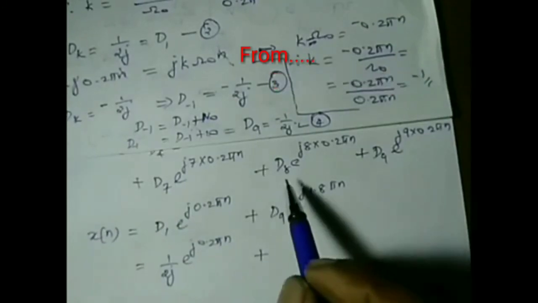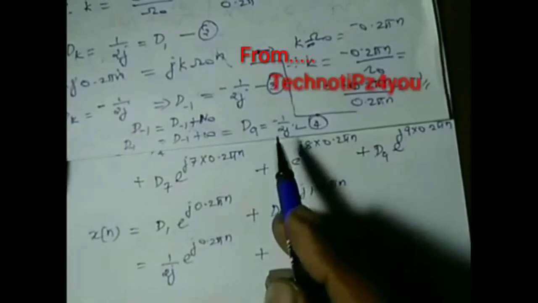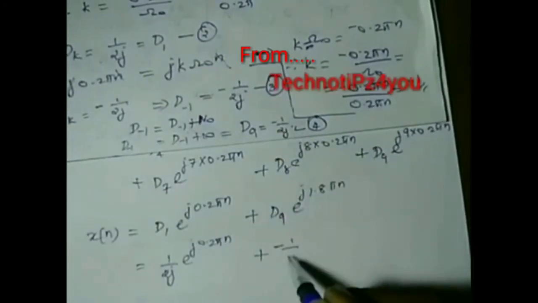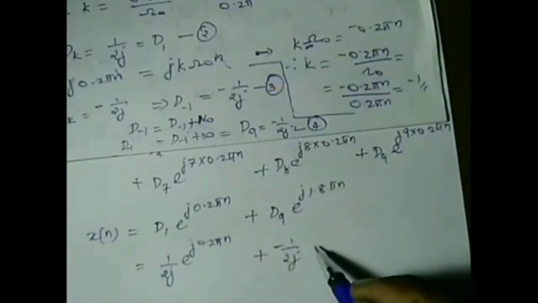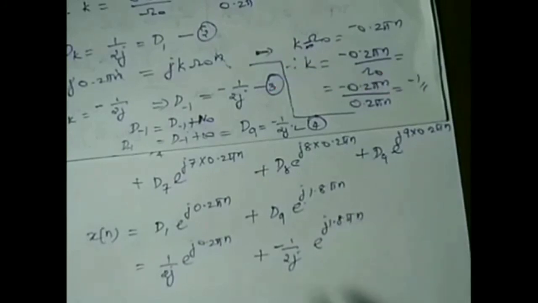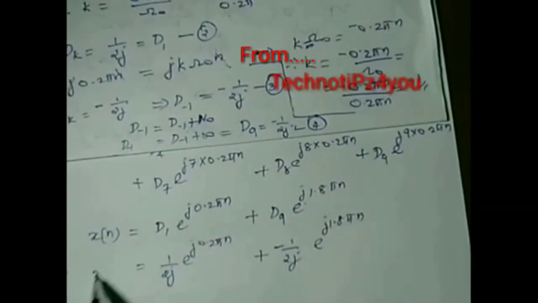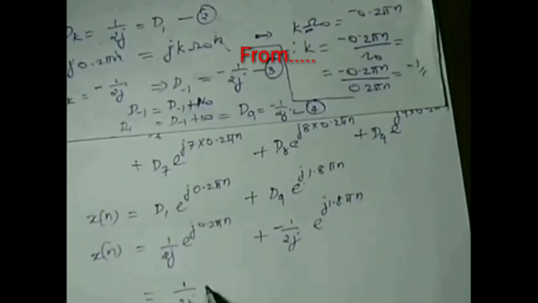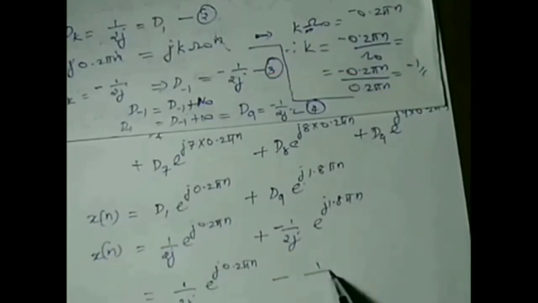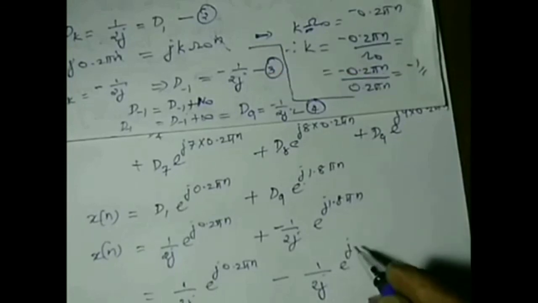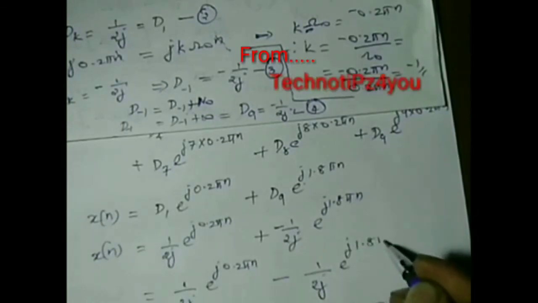We found that the value of d9 is minus 1 by 2j, followed by e raised to j 1.8 pi n. So x of n is equal to 1 divided by 2j e raised to j 0.2 pi n minus 1 divided by 2j e raised to j 1.8 pi n.